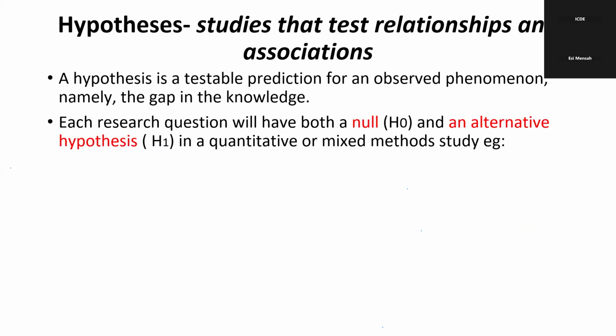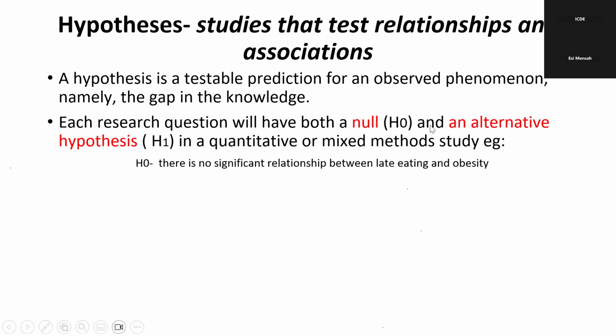So you can see H0, H subscript 0, and then H subscript 1. So let's say that you want to do a study that is looking at the relationship between eating late and obesity, getting fat.